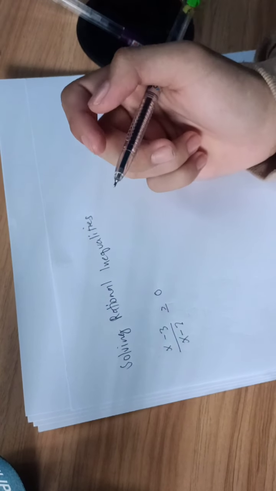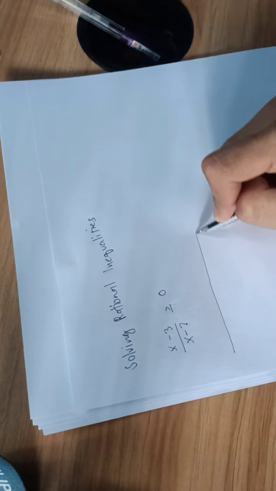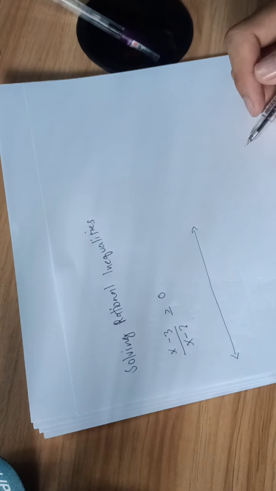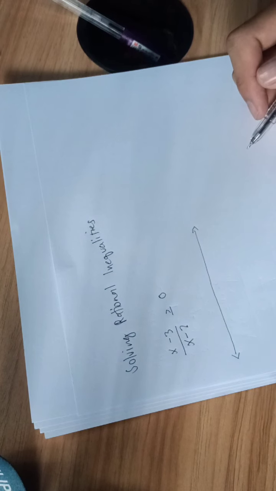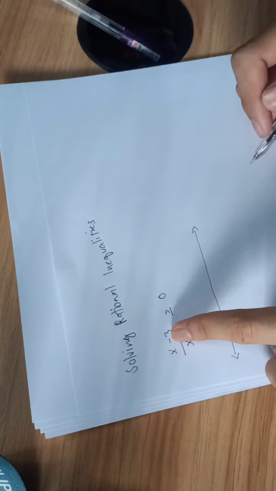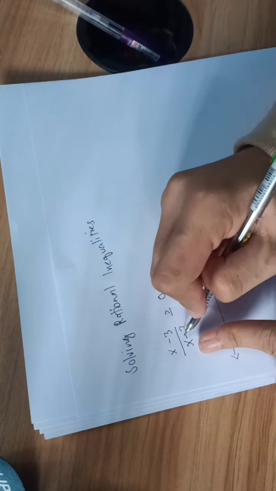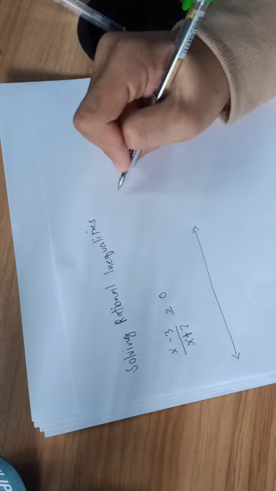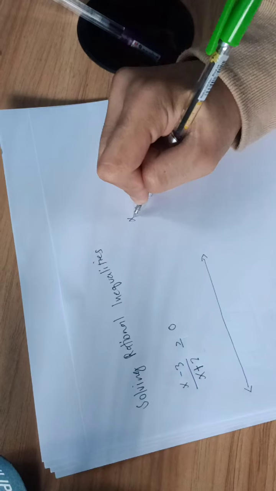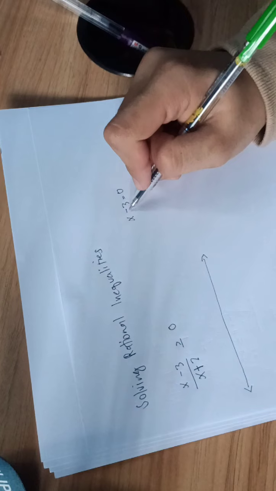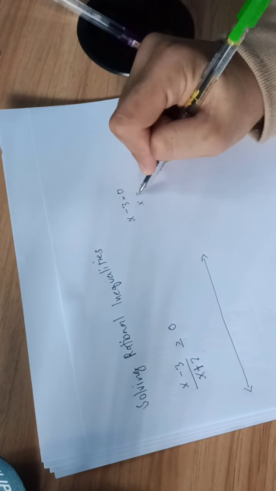The first thing we need to do is make a number line. Then we find the values of x minus 3 and x plus 2. First, x minus 3 is equal to 0. Solving, x is equal to 3.